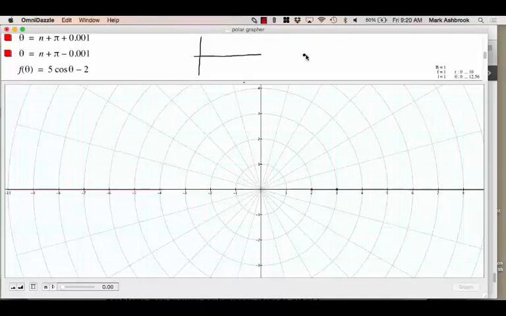Okay, so where's the midline? -2. And where's the max and the min? So from -2, we go where? All right, so we're going to do it out here.